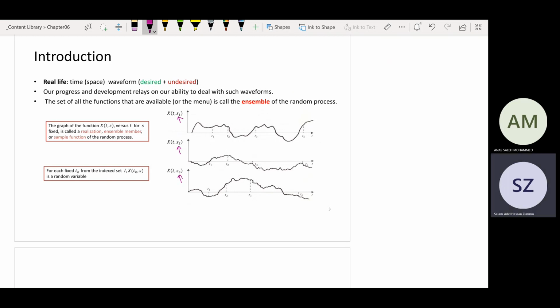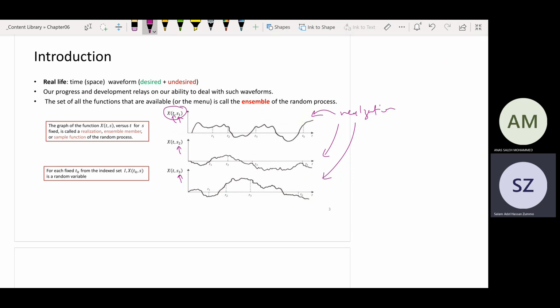For every outcome, you get what we call a realization or a sample function. This is a realization. This is a third realization. So this realization is a function of what? A function of time and a function of the outcome. This is a function of t and the outcome.